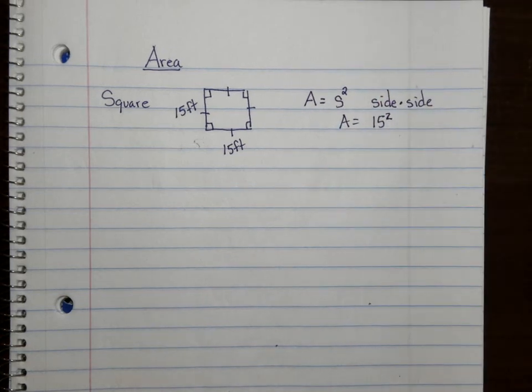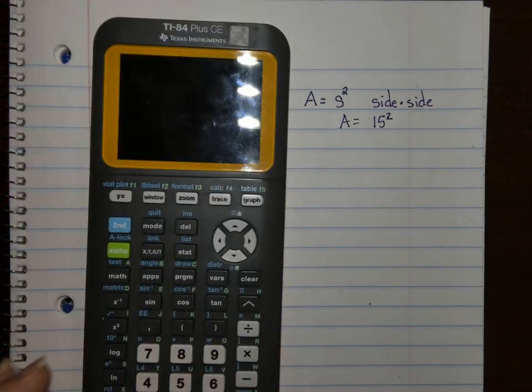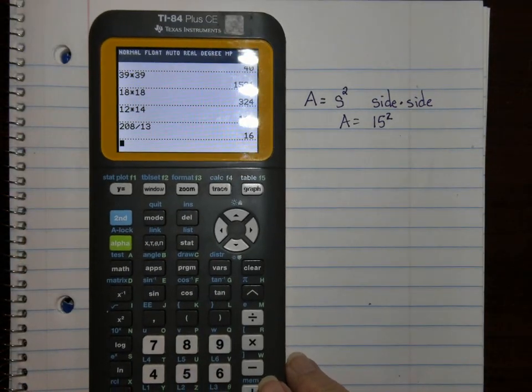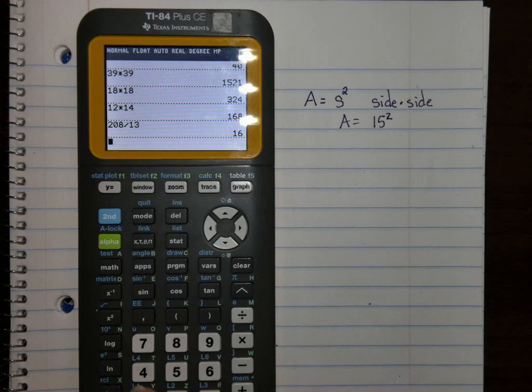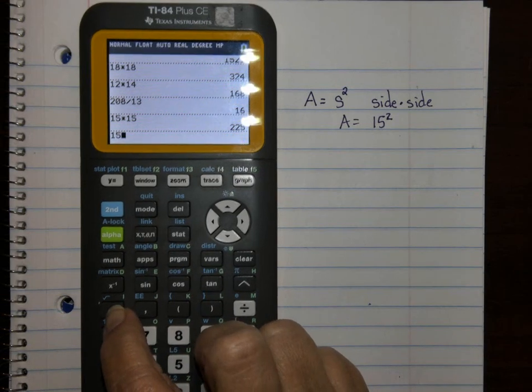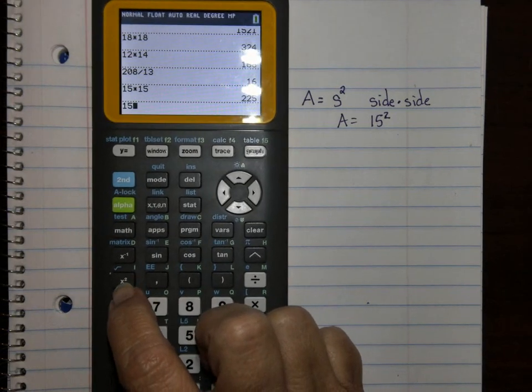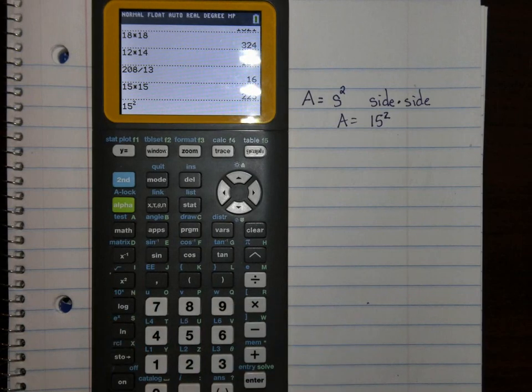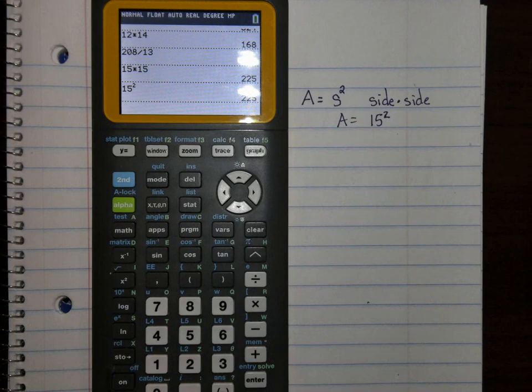When you go to do it on your calculator, there are 2 different ways you could enter that. You could press 15 times 15, or you could press 15 and then use your little button with the x to the squared power, and you would get 225.